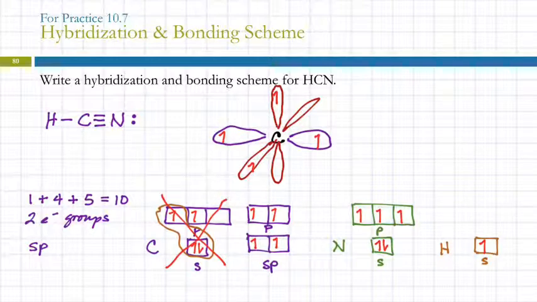So then if we have the hydrogen, hydrogen is over here. Hydrogen has a 1s orbital that's got 1 electron in it. And so that's going to overlap with the sp hybrid orbital on the carbon. And while we're over here, let's just go ahead and name that bond.